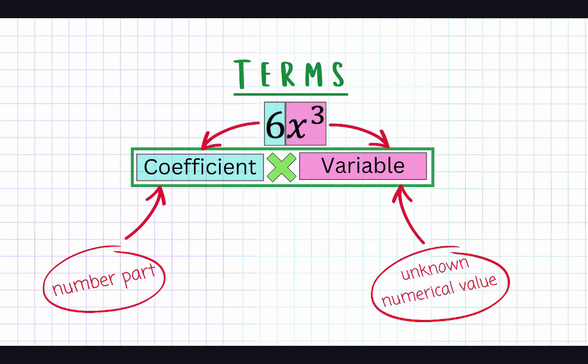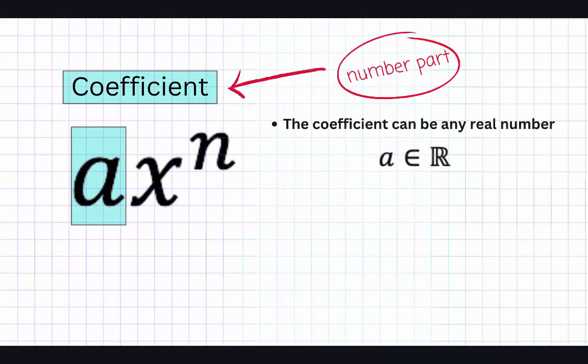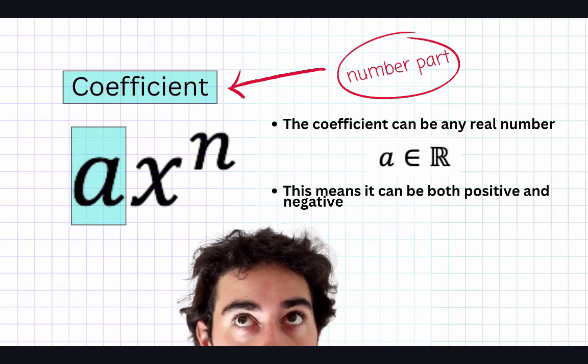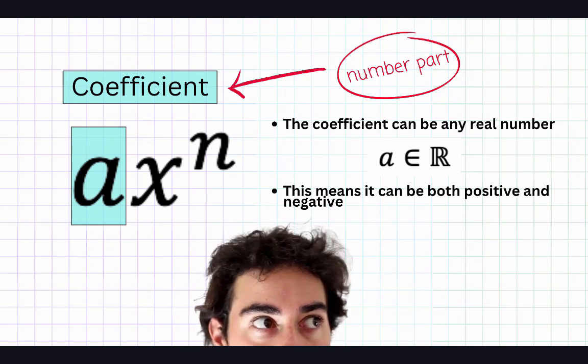But since multiplication is implied in algebra, the two parts of a term are usually written right next to each other with no multiplication symbol between them. The number part is pretty simple. It can be any real number, like 3, 12, or a fractional term such as 5/3. In mathematics, the number part which sits in front of each term is called the coefficient.